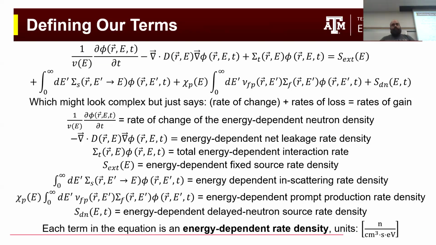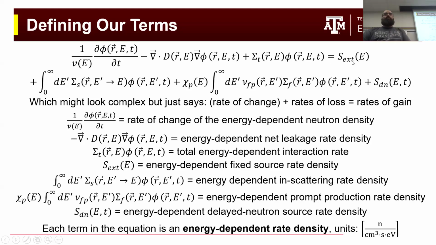This is just spelling out all of our terms. We have seen all of these before. This equation might look complicated, but it's just a balance equation. The way it's written, it's saying the rate of change plus all of my loss terms equals all of my gain terms. So I have losses due to net leakage. I have losses due to the total interaction rate density.